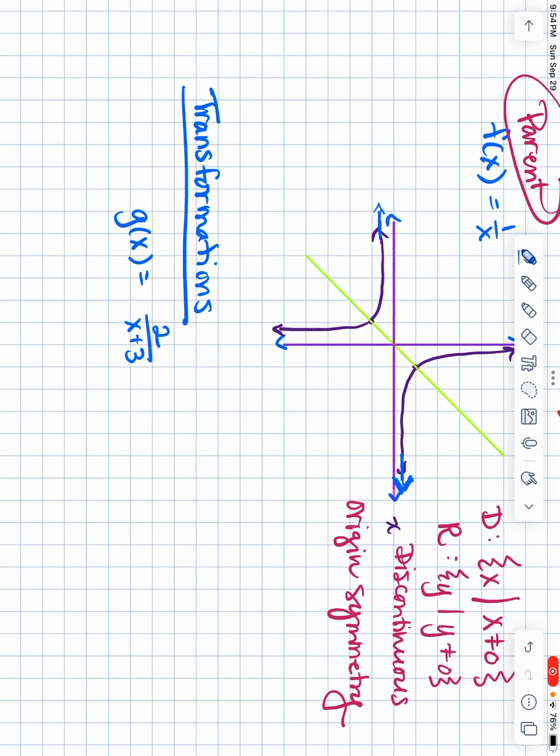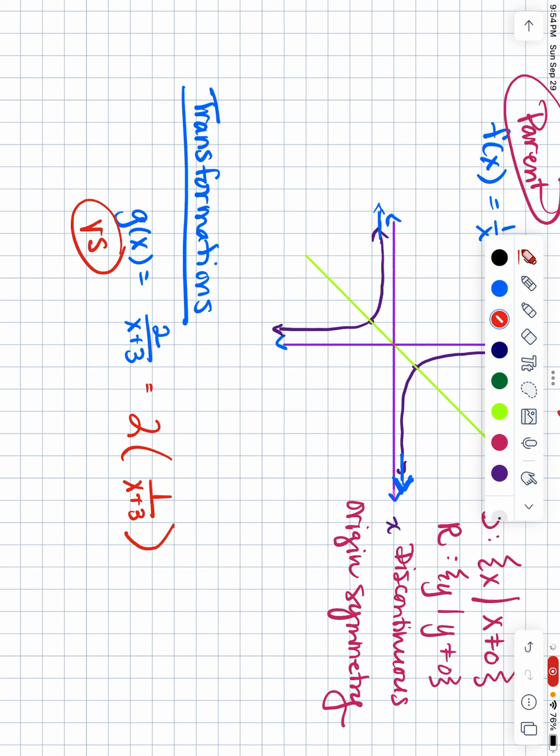And I said, okay, from the parent function, what's going on here? Well, if you're really particular, you may go, okay, well, that's the same thing as 2 times 1 over x plus 3. Some people will choose to do that because then you can see, okay, I'm multiplying this rational function times 2, so I know this is going to be a vertical stretch for sure. So it's going to get skinnier vertically.